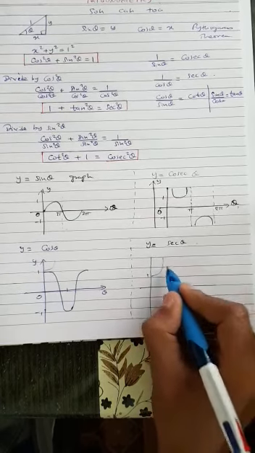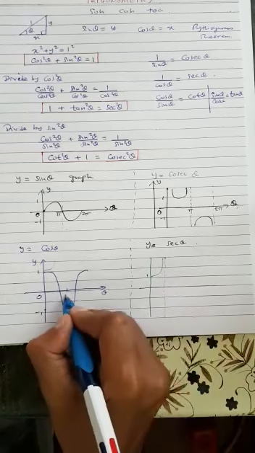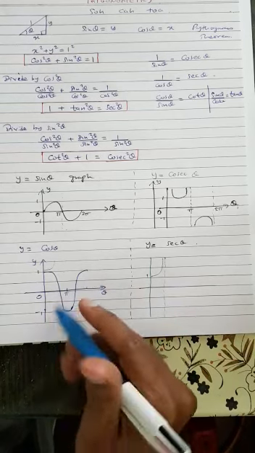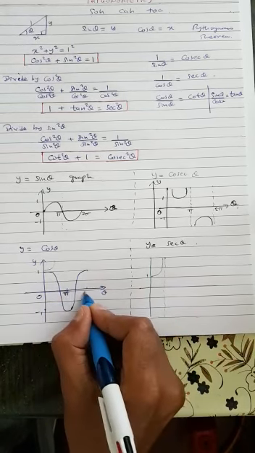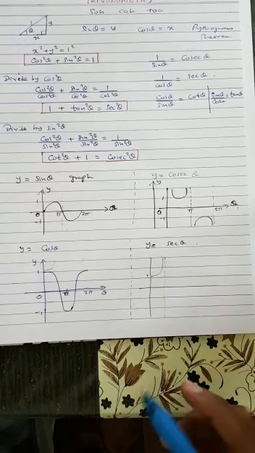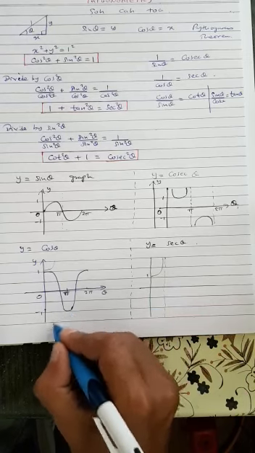And this is at 90 degrees, which is pi per 2. So this is pi, this is 2 pi. Okay, pi and 2 pi. Now from here we're going to get something that goes like that, at minus 1.